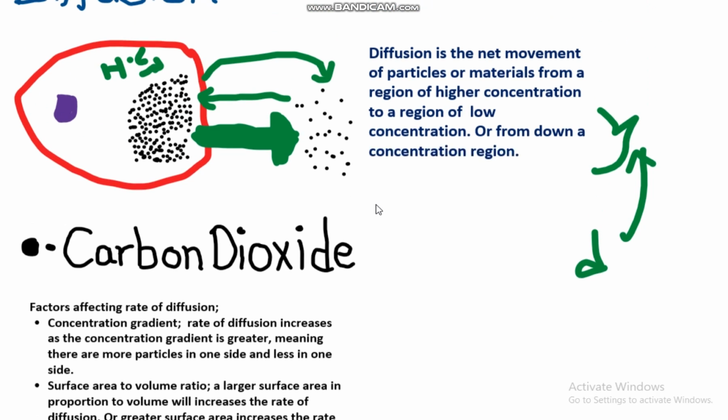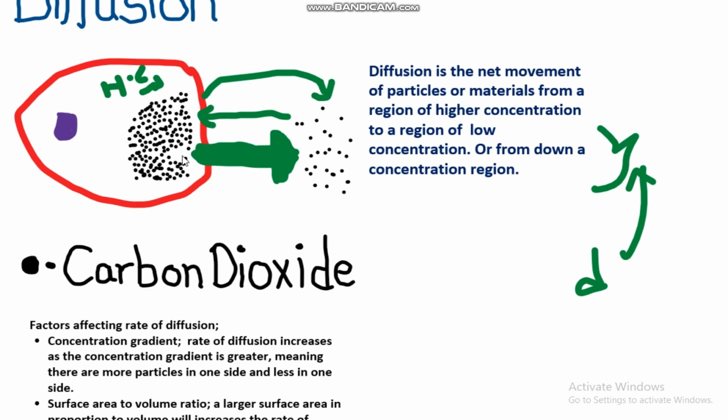So for example, take the number of carbon dioxide molecules here as 100, and the number of carbon dioxide molecules here as 10. So the rate of diffusion is high, but the rate of diffusion would become greater when the number of molecules is like 500 and the number of molecules here is 2.